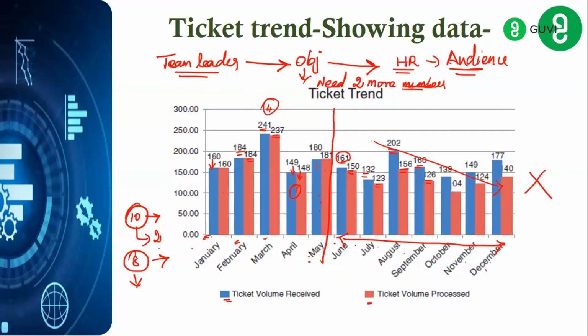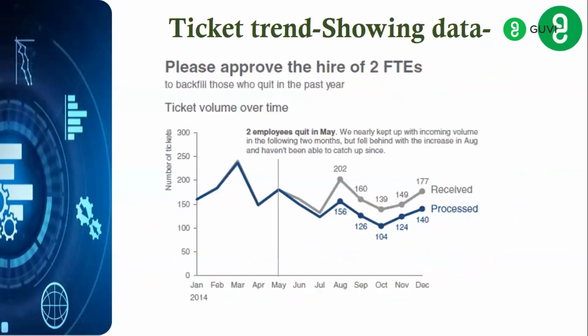Instead of this kind of bar chart, this would be better, no? This is very effective, no? By seeing the visual itself, without even spending a single word, the audience can get some information. Yes, Aditya, you're correct.